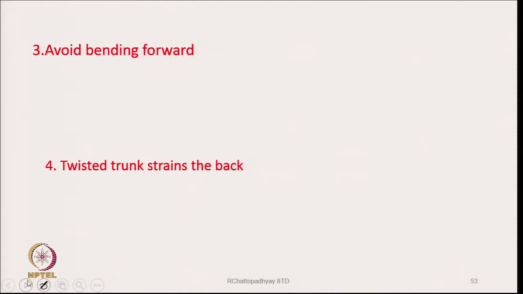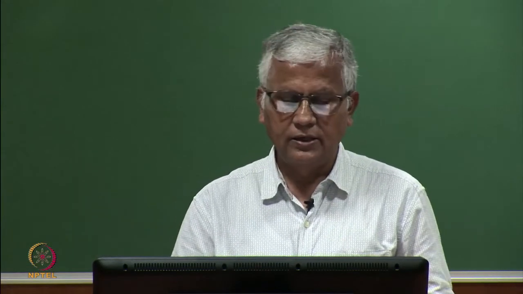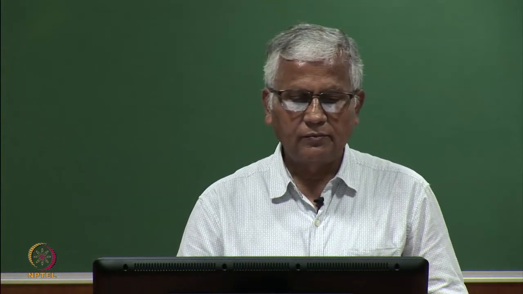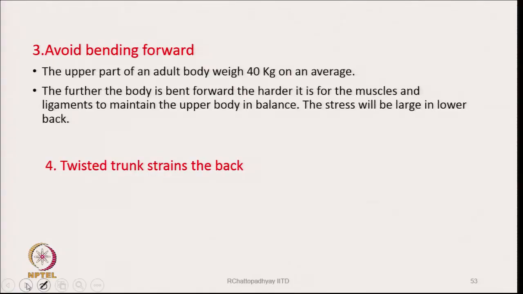The others are avoid bending forward. Whatever equipment you are designing, suppose some textile instruments or textile machines or machine parts, these are the things we have to keep in mind: the bending aspects should be minimum.